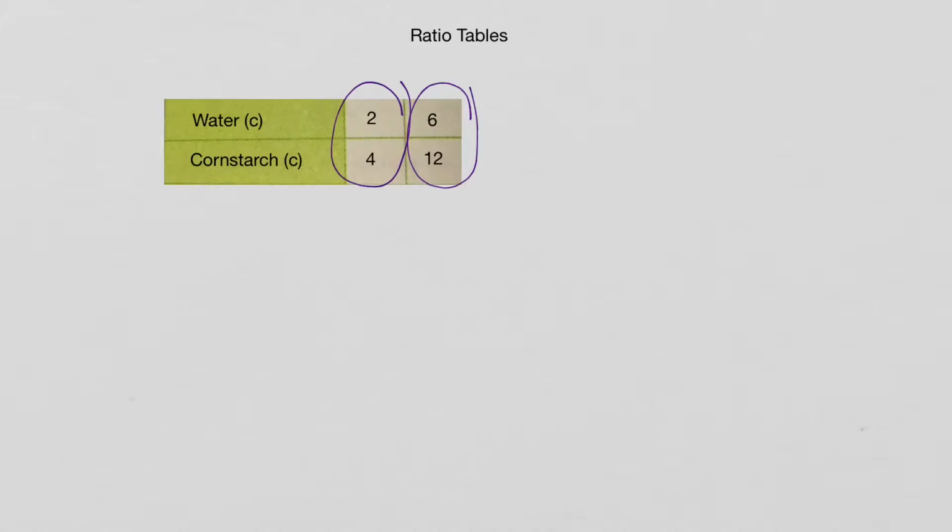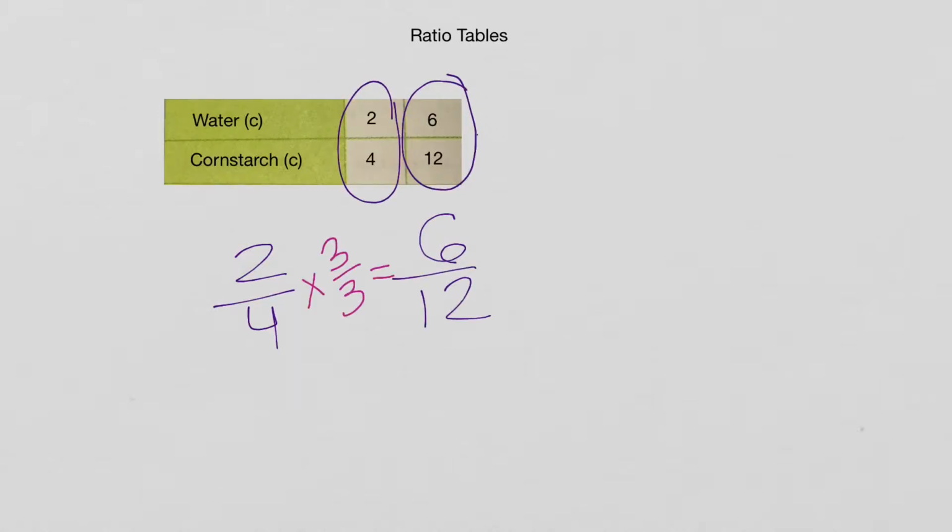These ratios can be written as 2/4 and as 6/12. 2/4 and 6/12 are equivalent ratios because the fractions 2/4 and 6/12 are equivalent fractions.